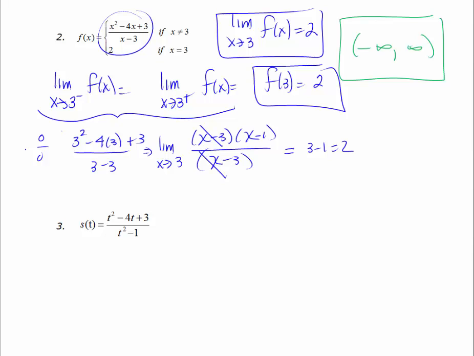All right, for the next function, it's not a piecewise, it's just a rational function. So I want to first find out where there are any asymptotes or any holes, because a rational function is continuous everywhere in its domain. Our job is to find those values that are not in its domain.